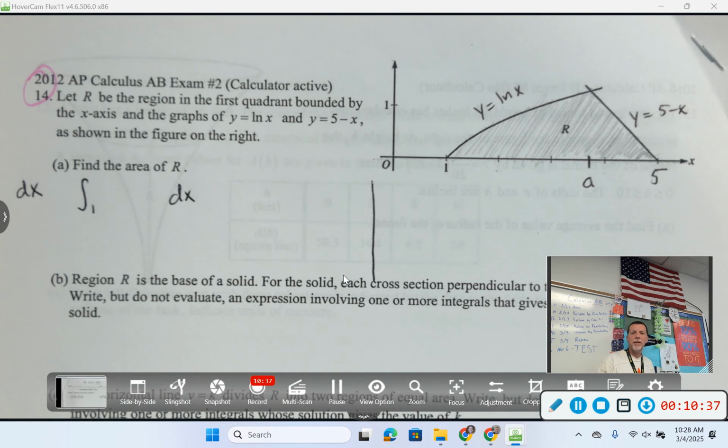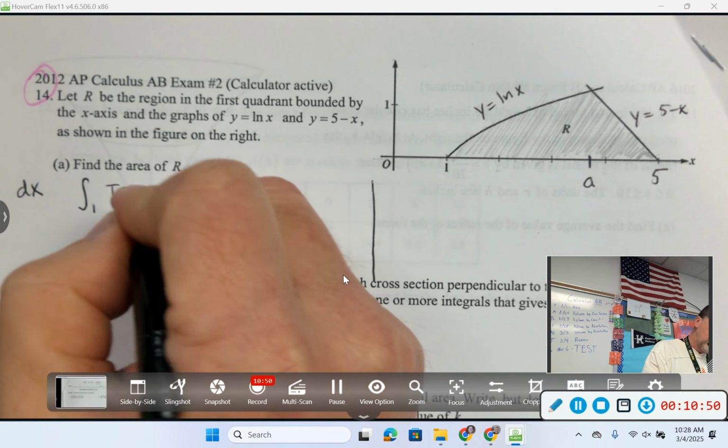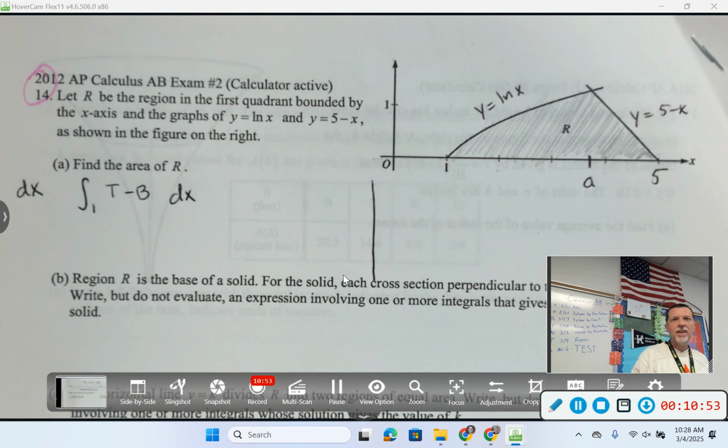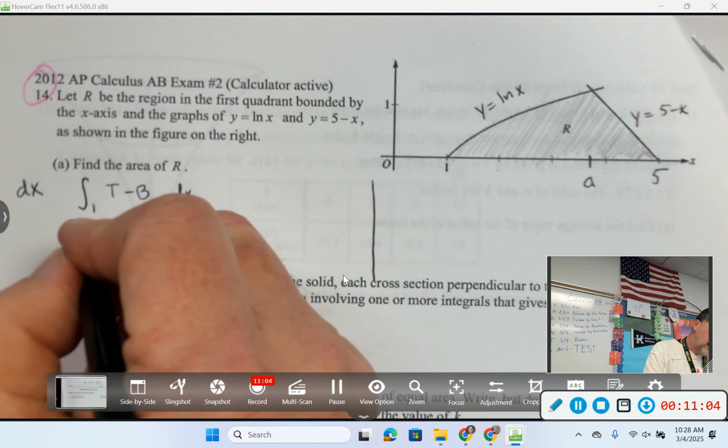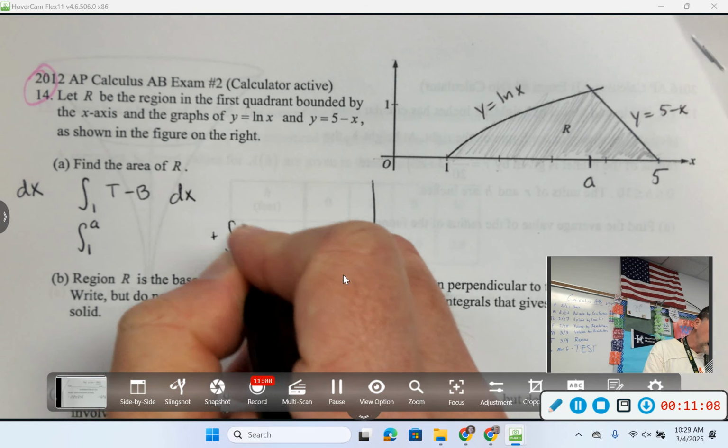Why are we worried about that? Okay, well, who's the top function? Well, that's the question, right? Like from 1 to A, it's one thing, but from A to 5, it's another thing. So I don't mind doing this problem dx, but I got to split this into two pieces. So I'll need to go 1 to A, and then A to 5.